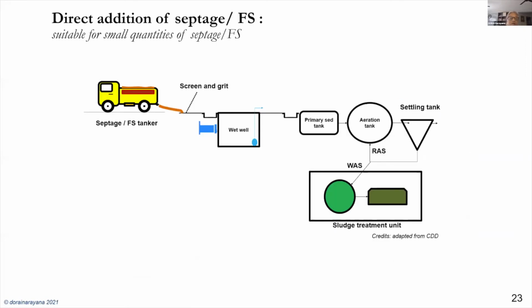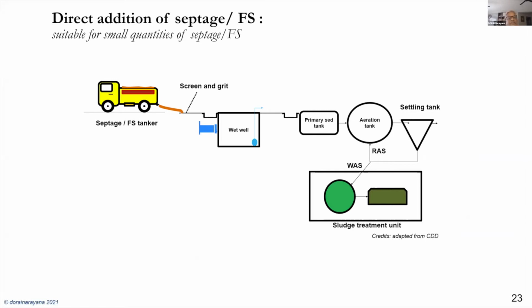Here's a schematic of a co-treatment where we are doing a direct addition of the fecal sludge to the septic tank. And this is something that has been done historically. People have an STP and they just dump the fecal sludge at the inlet without any kind of pre-treatment or pre-settling or screening.